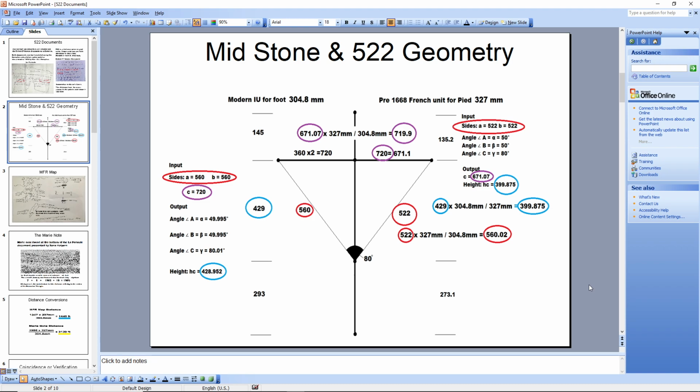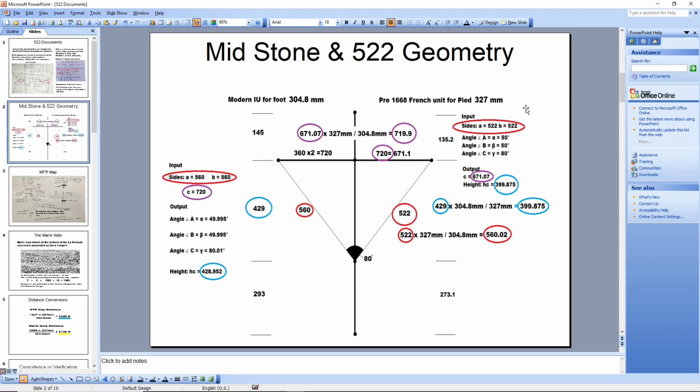The numbers are not perfectly exact. When I talk about that, it's 5/10,000ths off, or 1/100th off. The reason is that we're dealing with a conversion rate from the modern foot unit to the pre-1668 French unit, which I have put as 327 millimeters.